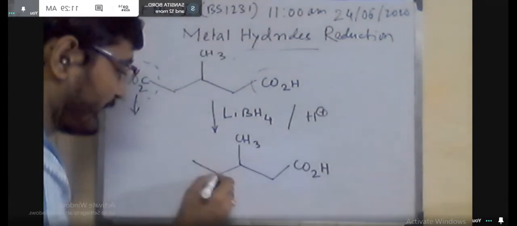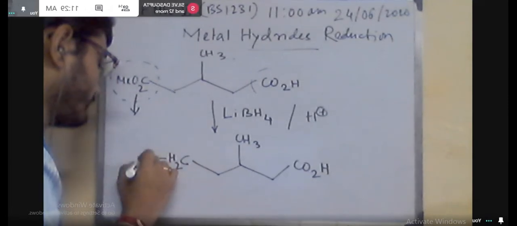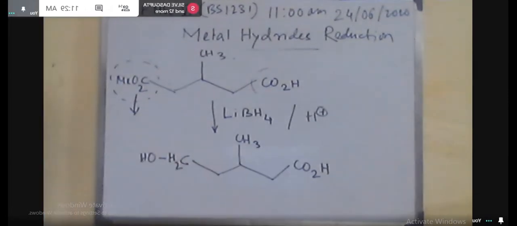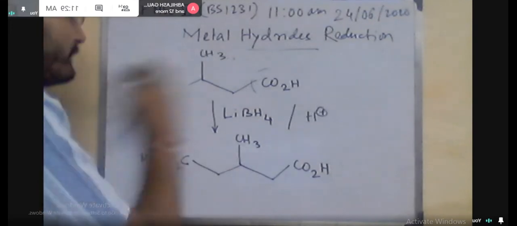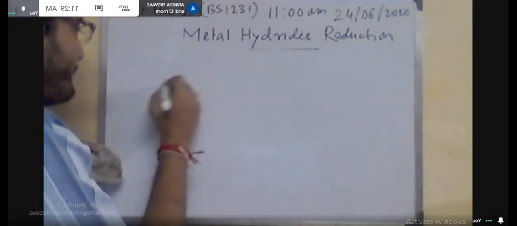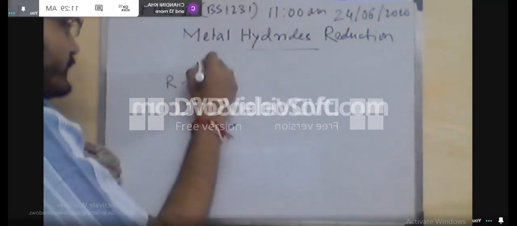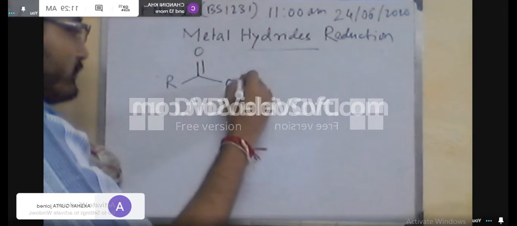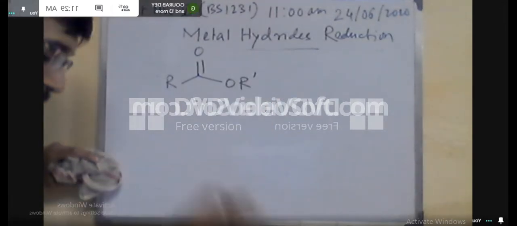Now in this case, the mechanism is common: hydride will be transferred and it will form RO minus, OR prime, H. Now here you can see this can act as a leaving group because it is the OR prime group. So by donating the electron it will be removed from the system and generate the corresponding aldehyde.